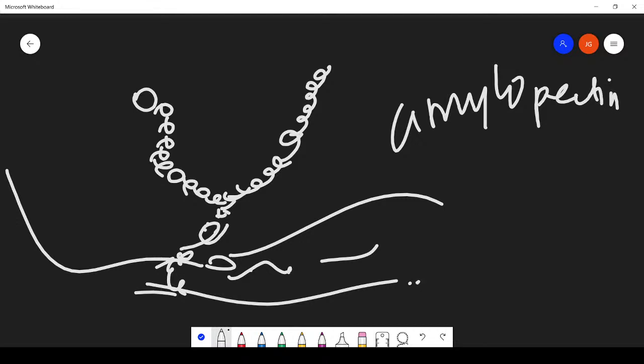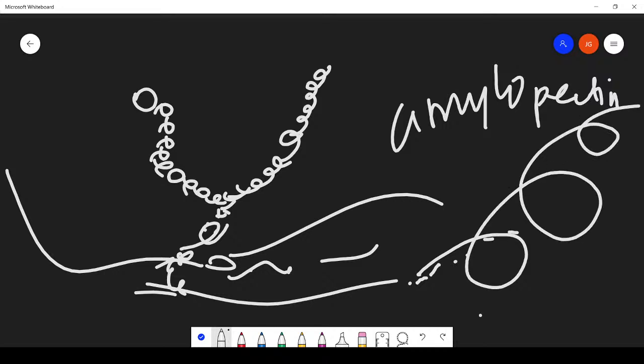But if you have it in this nice helix rather than branching out, we call this amylose. And your saliva has something called amylase, which breaks down amylose very well.